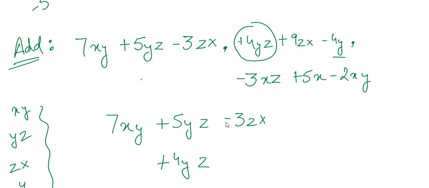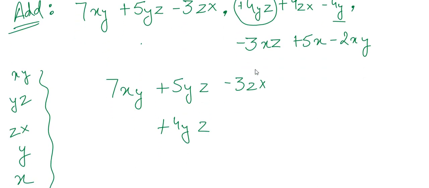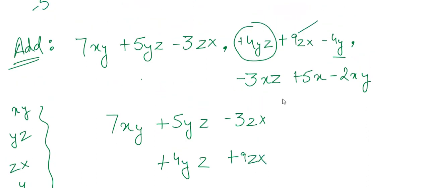I have 9zx, so 9zx would come beneath which term? Either this or this. Can you guess? Yeah, it would lie under minus 3zx. So I would be writing plus 9zx. Seems clear? So I am complete with this and this. Let me introduce minus 4y.